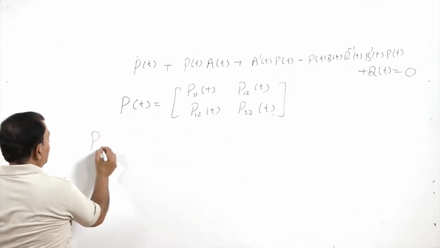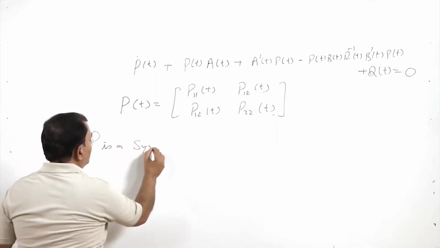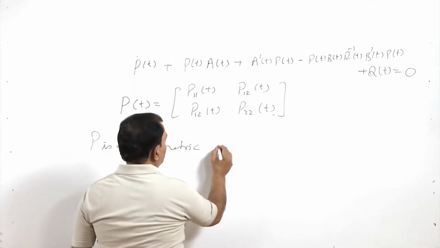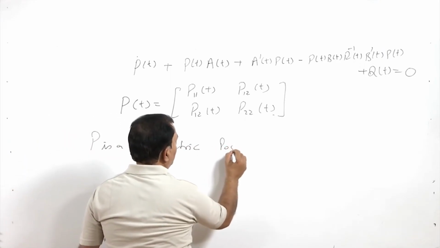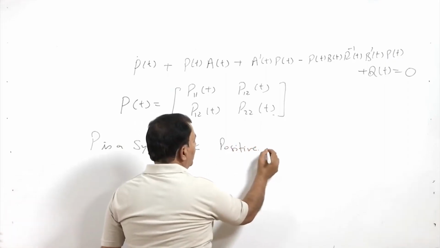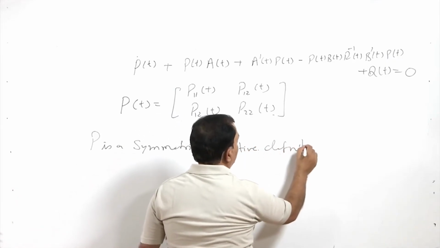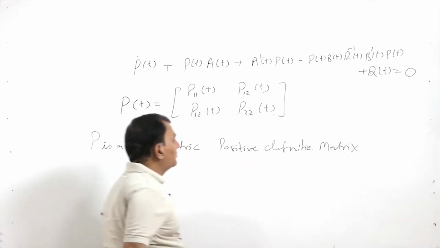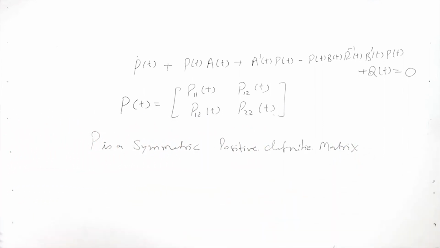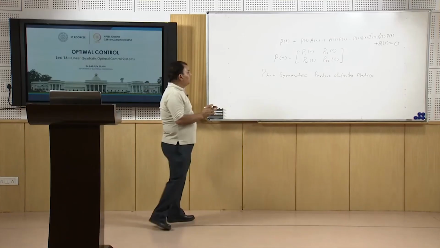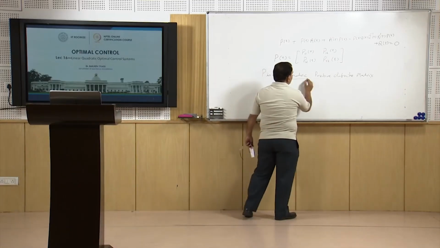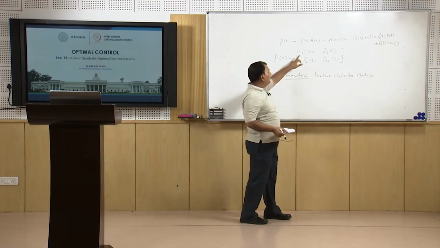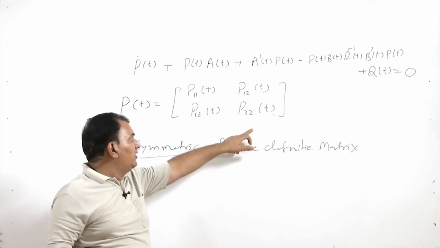P is a symmetric positive definite matrix. In the next class we will discuss why P is a symmetric matrix. So, just for our consideration we take this P as a symmetric matrix here.